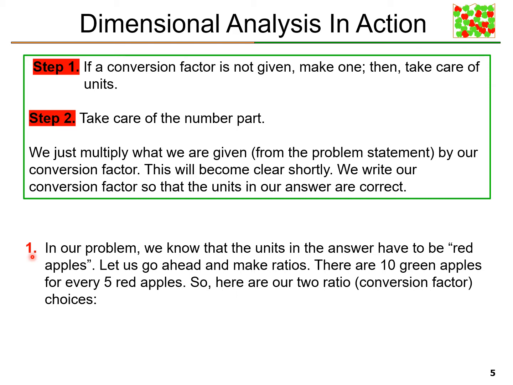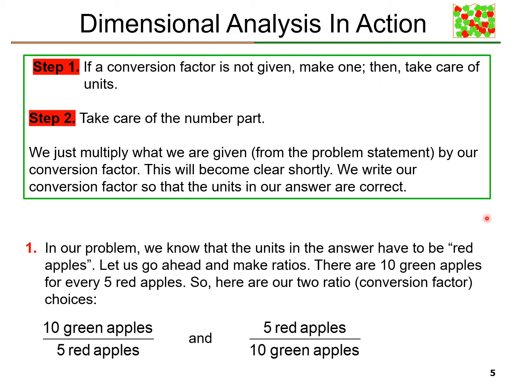So here are our two ratio or conversion factor choices: 10 green apples per 5 red apples, and equivalently 5 red apples per 10 green apples.